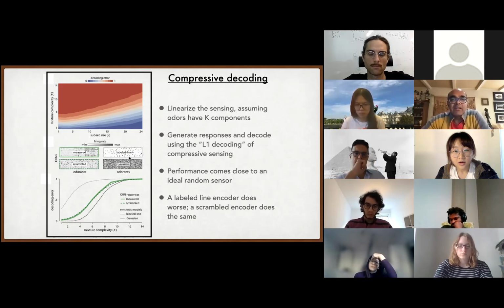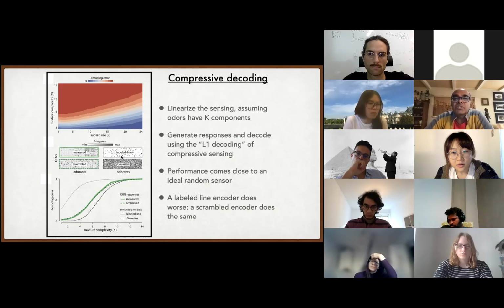And the labeled line is a common interpretation that's made of the olfactory receptor sensing behavior. Just to say, oh, this receptor likes to respond to eugenol and acetophenone and this and that, and doesn't really respond to anything else. So there's a common interpretation that's made by taking this kind of sensing matrix and thresholding it, so that you either have above threshold or below threshold responses. So these are four. This is an interpretation, if you like, of this kind of sensing matrix that's often employed.